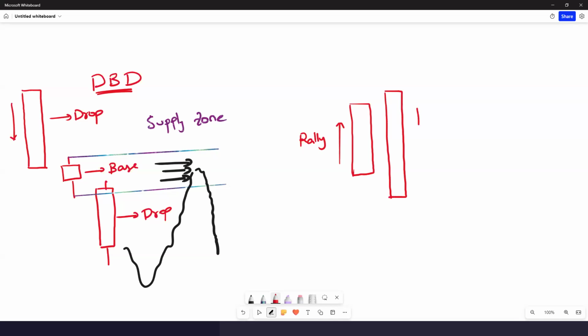So you'll be seeing a rally, followed by a drop, which indicates that there is a hidden base. It's actually rally and drop only, but we have to understand that there is a hidden base. So that is how the rally and drop we need to consider. Even this will be considered as one form of a supply zone, so this is also where we'll be plotting a supply zone over here.